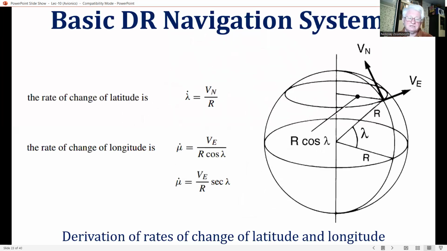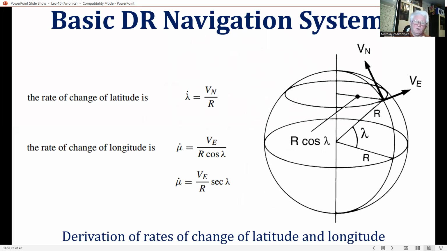Basic dead reckoning navigation system. The basic principles of deriving a DR navigation position estimate are explained here. The following quantities are required. First of all, the initial position, latitude and longitude.